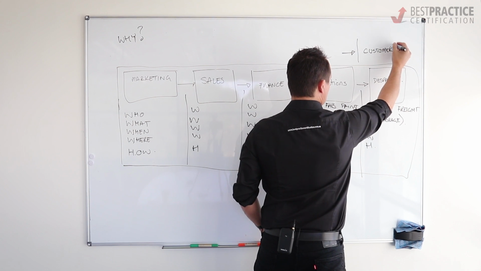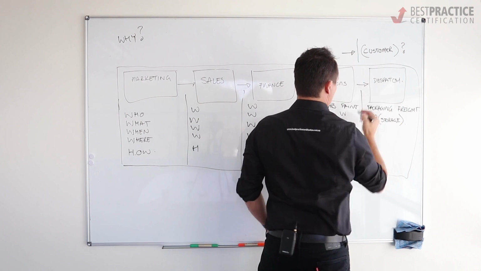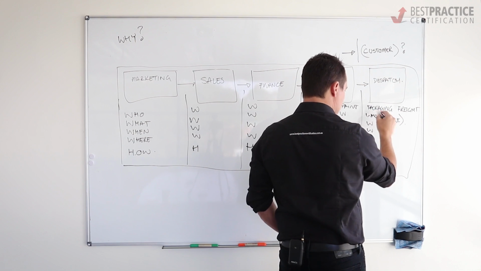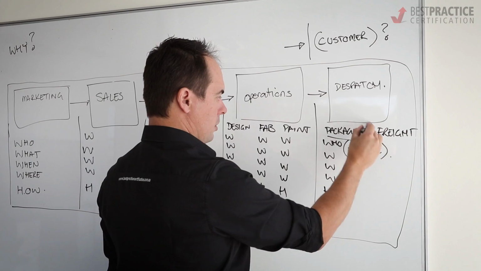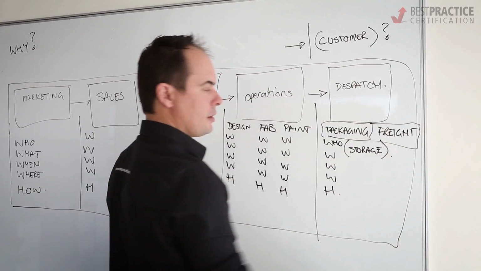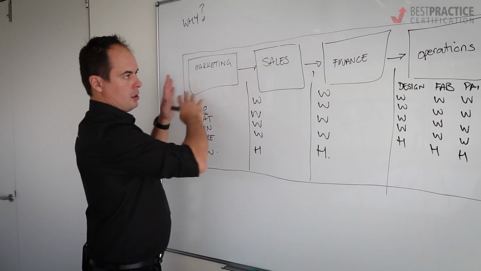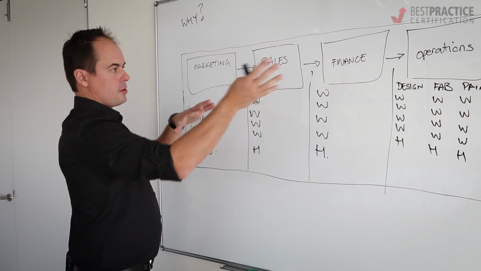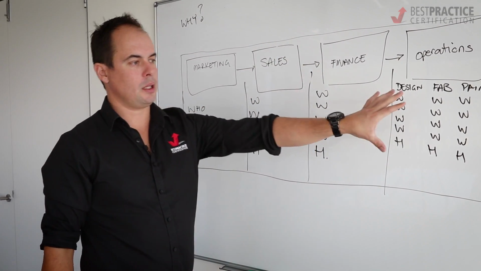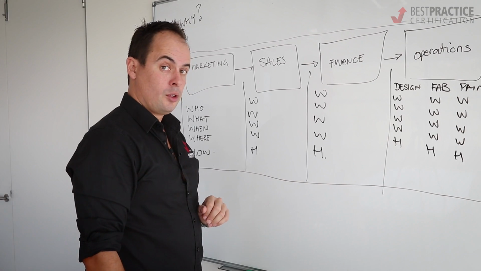So where does the customer take over is the question, because then the customer takes responsibility for the packaging and the freight in that example. So it is important to understand this shift backwards and forwards of these responsibilities so you avoid confusion.